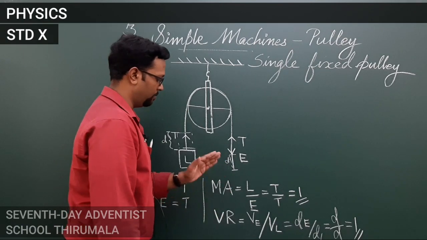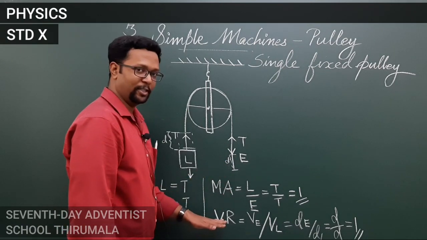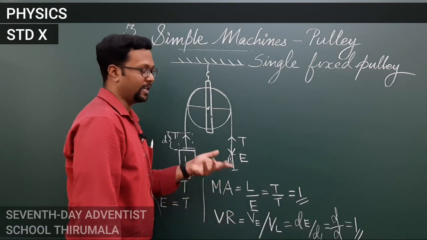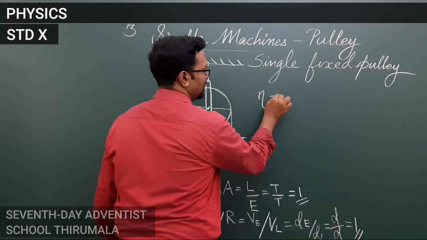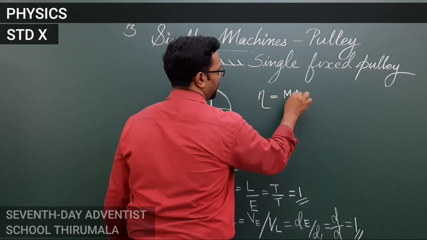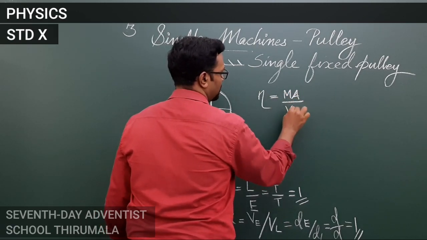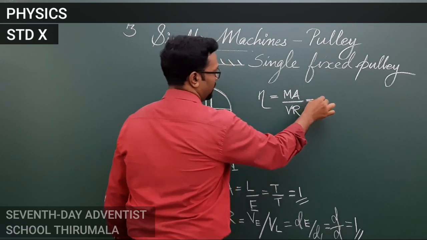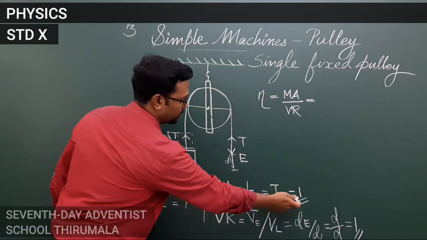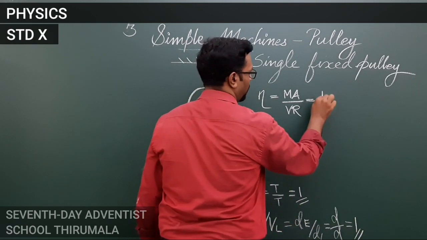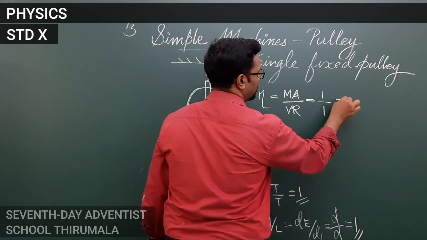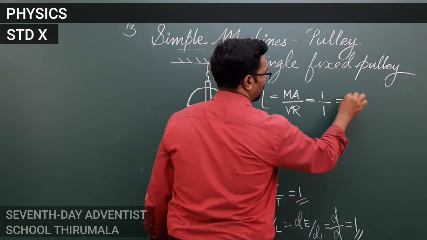So when you get mechanical advantage and velocity ratio, it is logical to calculate its efficiency. Efficiency is represented by the symbol eta. Efficiency is equal to mechanical advantage by velocity ratio. Here mechanical advantage is 1 and velocity ratio is also equal to 1. 1 divided by 1 is equal to 1.